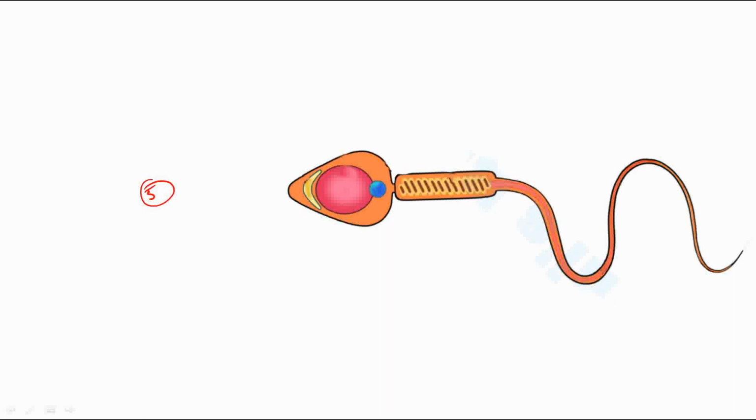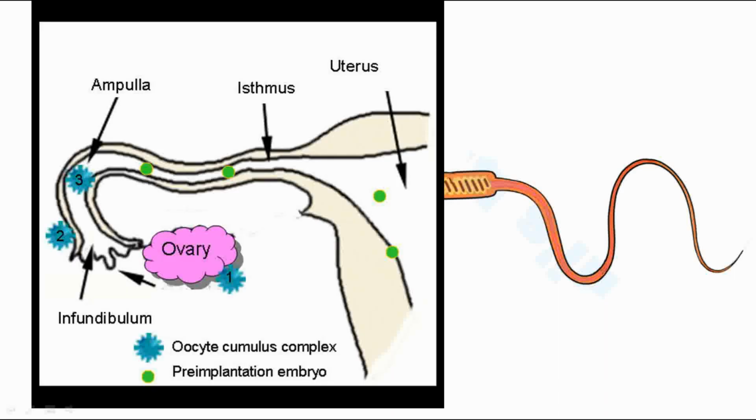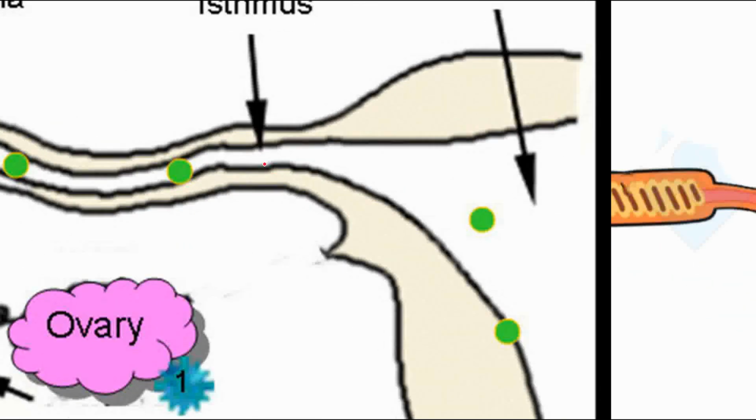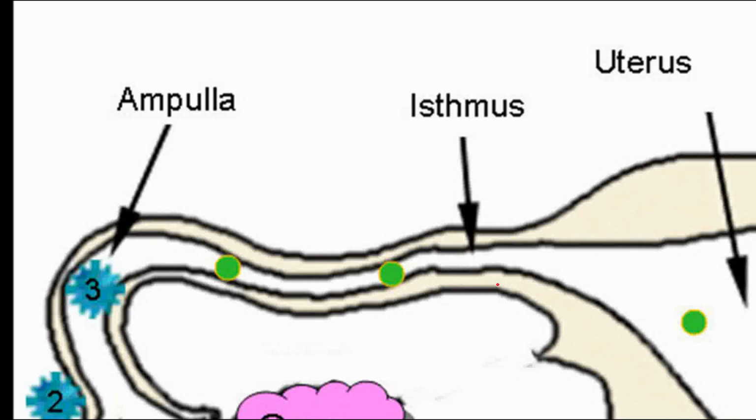Okay, then certain other things we also need to understand that I am going to tell you. As a sperm enters the oviduct of the female reproductive tract, I will show you one image. We know that the sperm that is ejaculated into the vagina will move through the vagina, through the cervix, reach the uterus and move to either of the oviducts. And on reaching the oviduct, before reaching the ampulla portion, there is another narrow region.